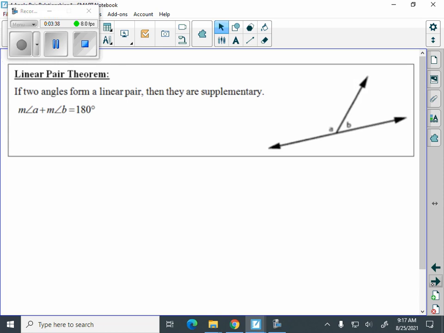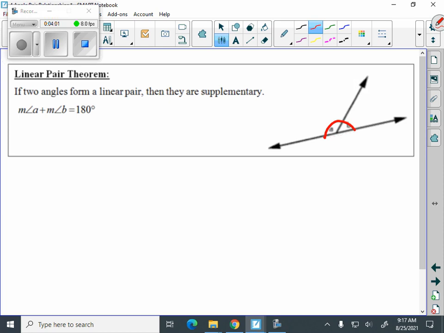And they add up to be 180 degrees. And oftentimes what I like to do is draw a protractor to show that something combines to be 180 degrees. And that's what it says under here. It says, if two angles are side by side, then they are supplementary.